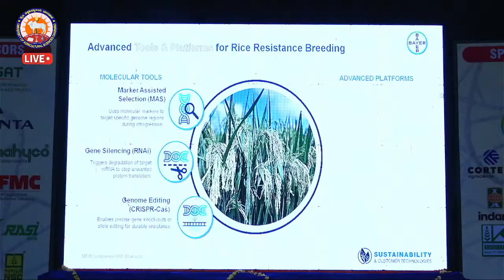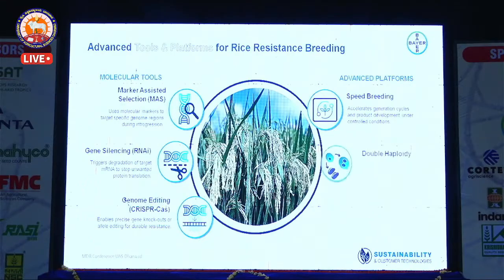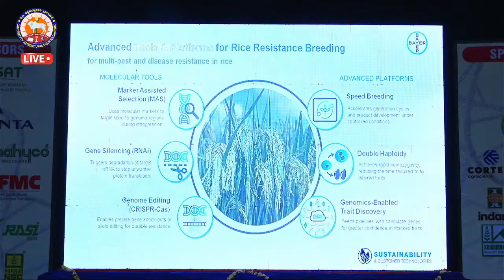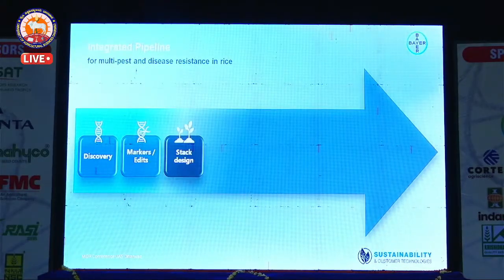On the advanced platforms, we have speed breeding, which is changing the way we advance genetic generations faster. Then double haploidy is another approach, and genomic-enabled trait discovery. These are the efforts of our two breeders, Dr. S.C. Talekar and Dr. Kachapur.